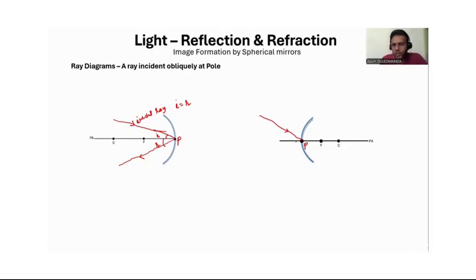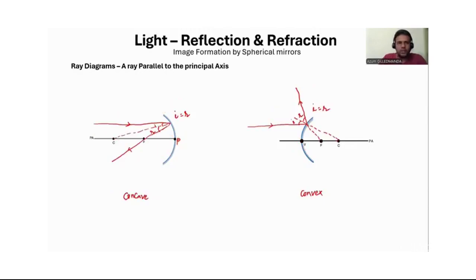So this is also the same. So what happens here is it reflects into the same medium, and this is our angle of incidence, and this is our angle of reflection. I equal to R. So this is concave mirror, and this is convex mirror. So these are the ray diagrams. There are 4 scenarios that we covered.